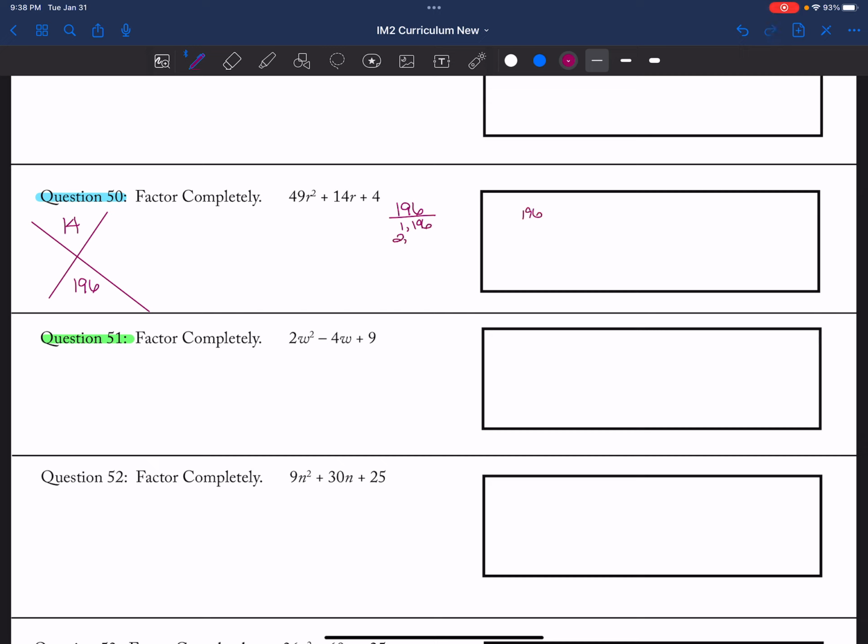So 196 divided by 2 is 98. 4 and 49. 196 divided by 7 is 28. So 7 and 28.